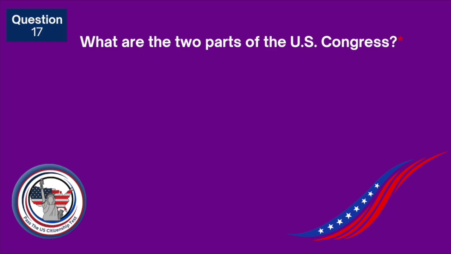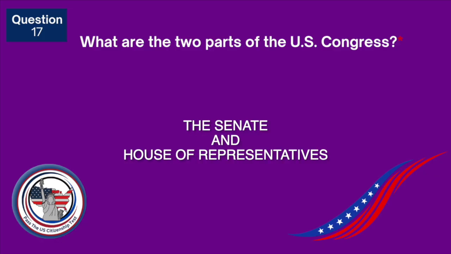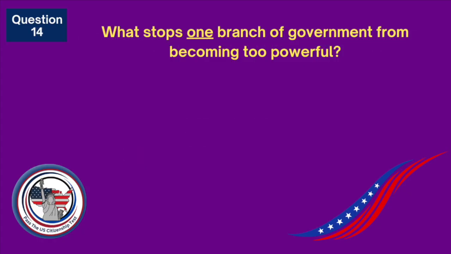What are the two parts of the U.S. Congress? The Senate and House of Representatives. What stops one branch of government from becoming too powerful?